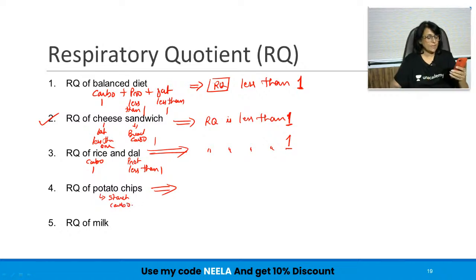Why do you think it is less than 1? Ayush is also saying less than 1, and Hiren also saying less than 1. Why do you think it is less than 1? Because potato is starch. Dr. Prem Chandran is also saying less than 1. Hiren now has changed to 1.